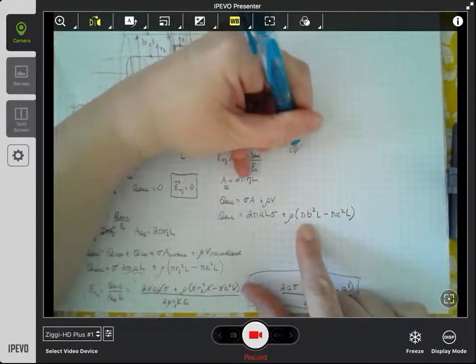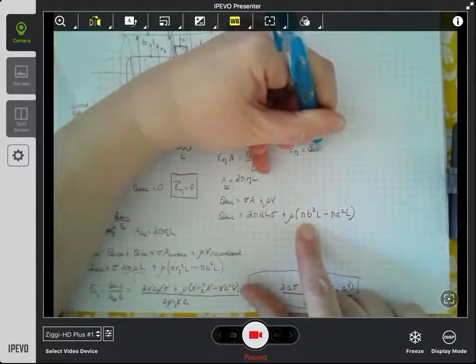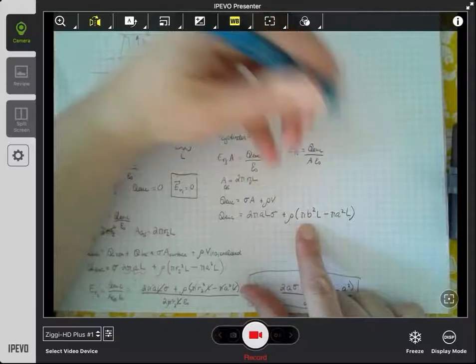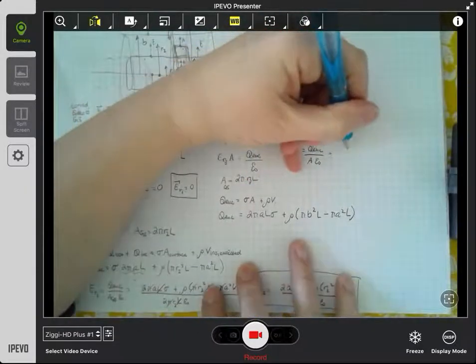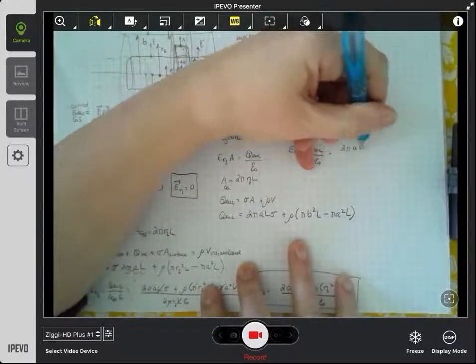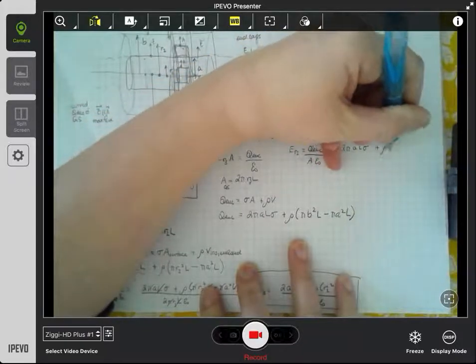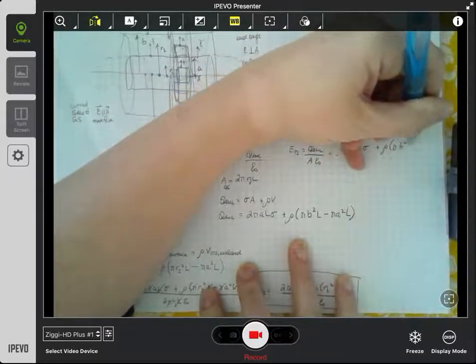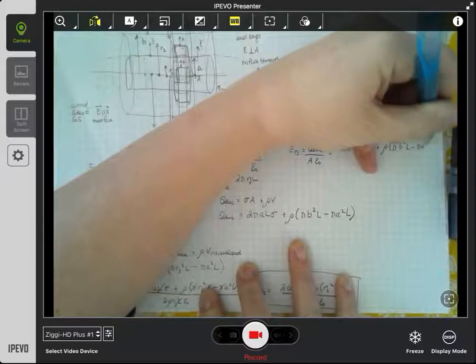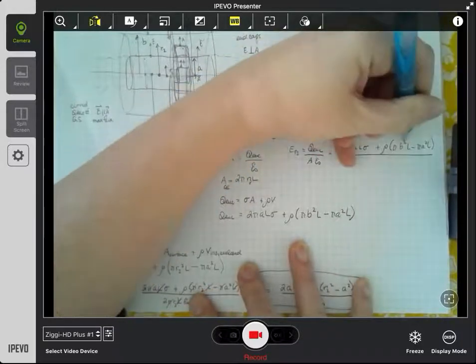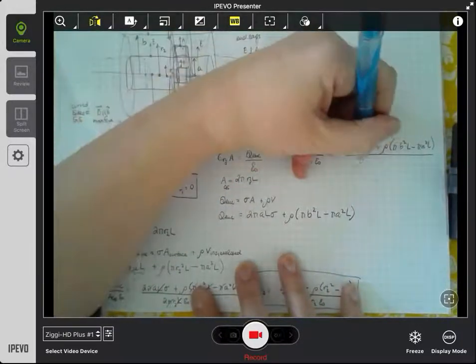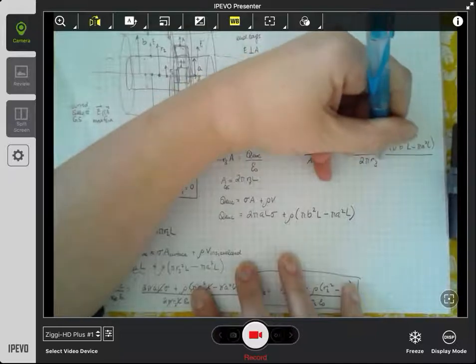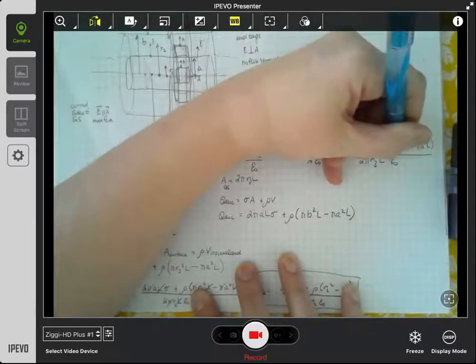All right, so if we rearrange this, we're going to have Q enclosed over the area times epsilon naught, which is going to give us 2 pi A L sigma plus rho (pi B squared L minus pi A squared L), divided by the area, which is 2 pi R3 L, and an epsilon naught.